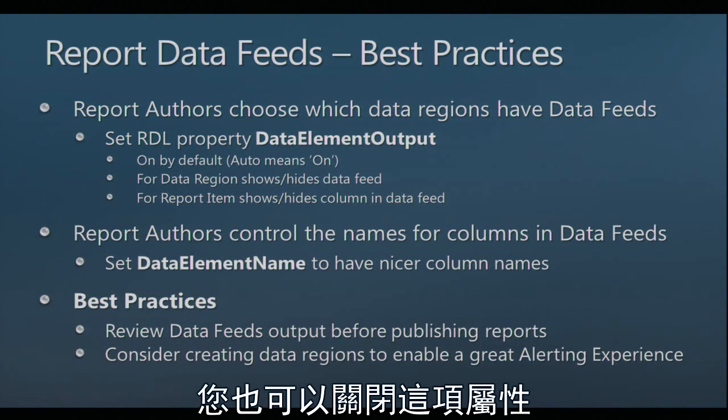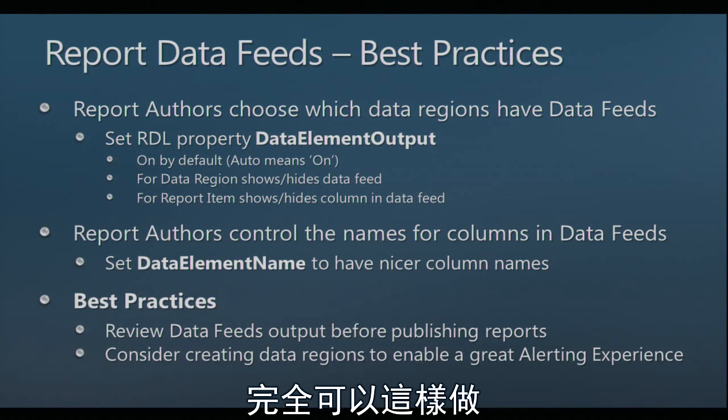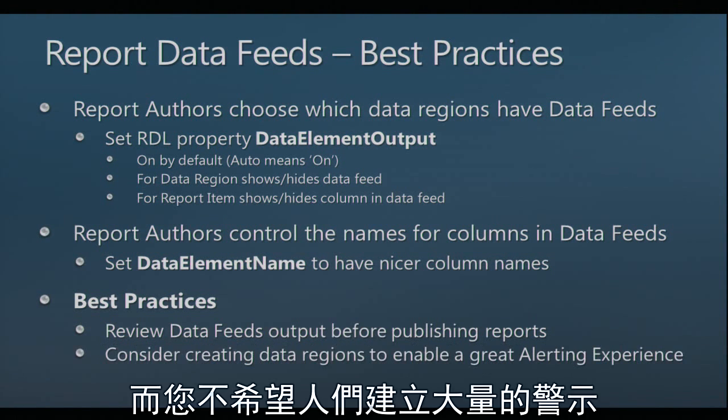But you can turn that off. So if you don't want a particular chart to be exposed for users to create alerts on, you can absolutely do that. Sometimes you might do that if there's too much data in that particular chart or table, and you don't want people creating massive alerts.